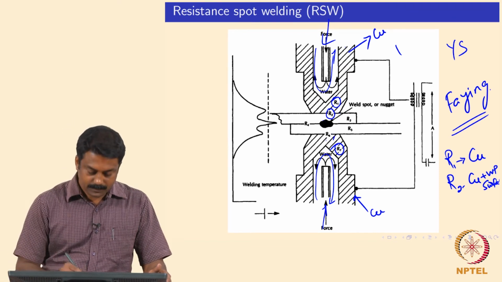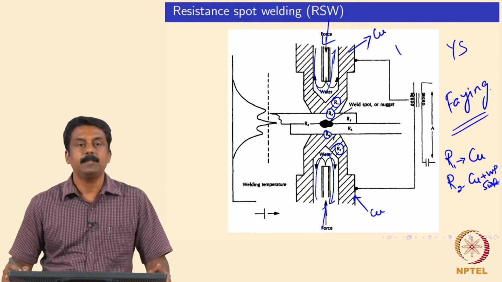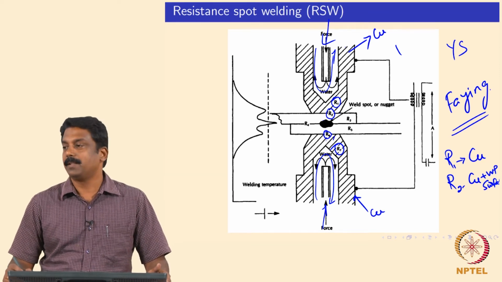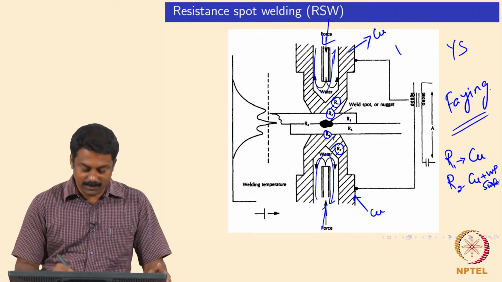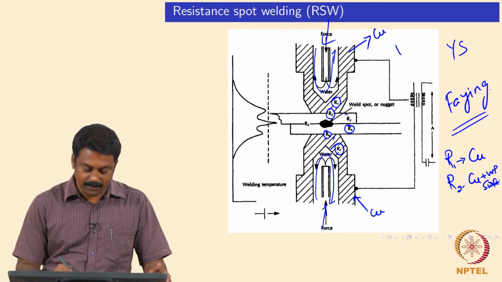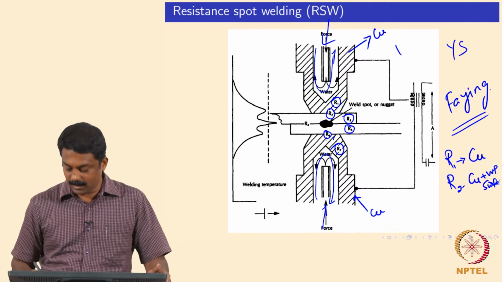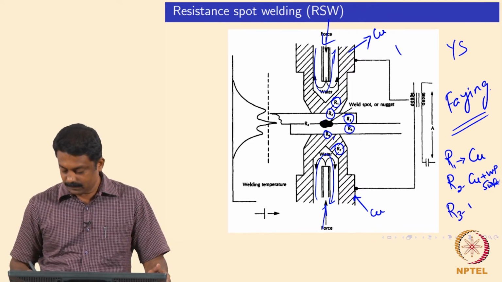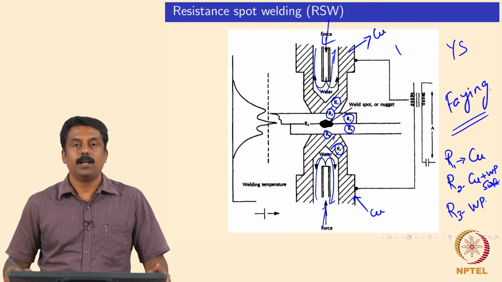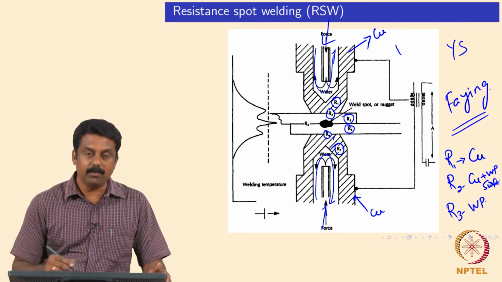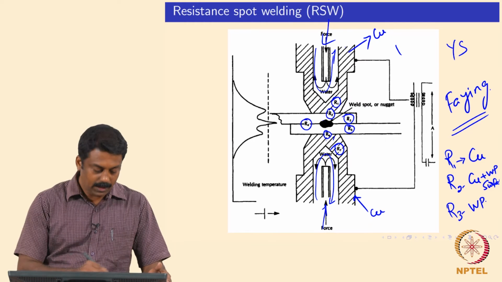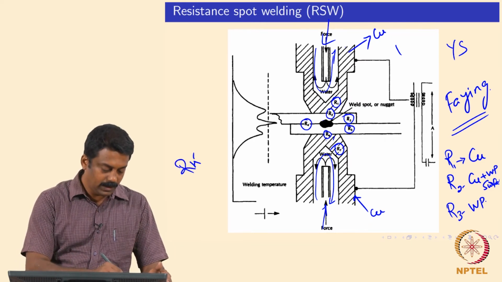Then you also have the bulk resistance of the workpiece itself, R3, and then the resistance between the workpieces, R4, which is the contact resistance.